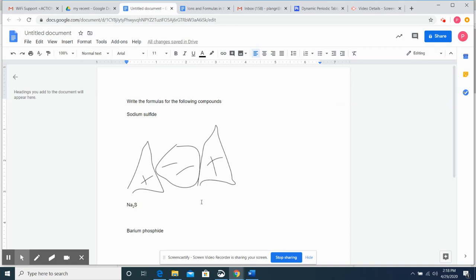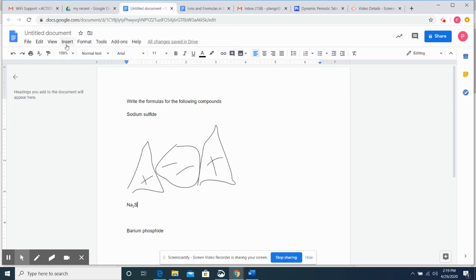All right, so you need to go through that process whenever you name a compound or write the formula for a compound. Now, you can do this in your head. Like when I looked at that, I was like, okay, sulfur, that's a -2, sodium, that's a +1. I know I'm going to need 2 sodiums to equal out the -2 on the sulfur. And so there it is, 2 sodiums and 1 sulfur. I can do that in my head, all right? But I don't think you should. I think you should make a drawing on a sheet of scratch paper like this.